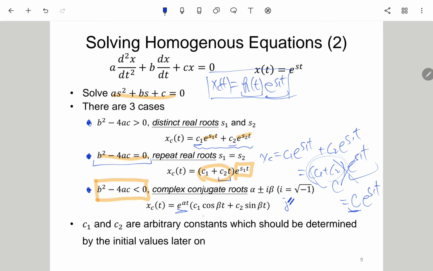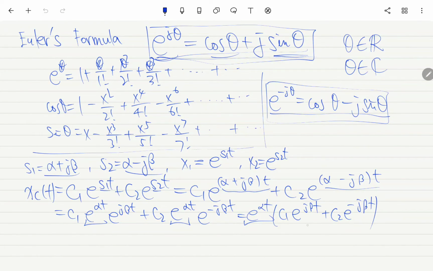So here we try to understand why the latter part becomes cosine and sine. When you look at the two forms of Euler's formula, this thing can become cosine and sine. So we have a little bit of an idea about that.